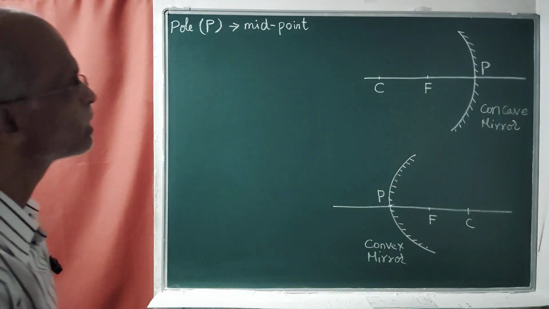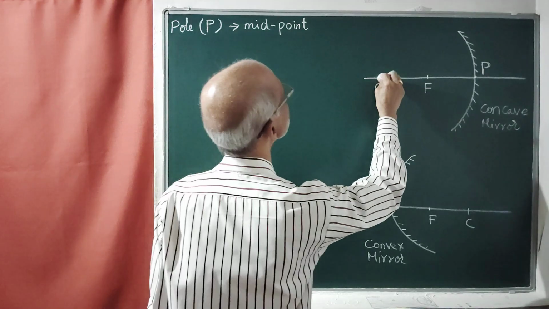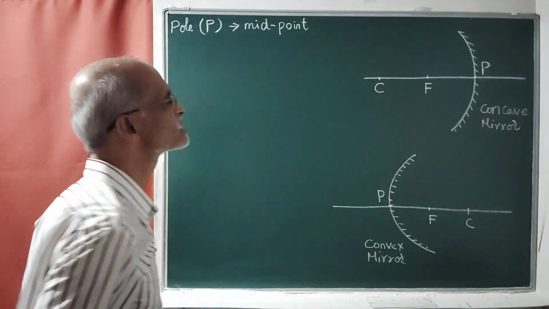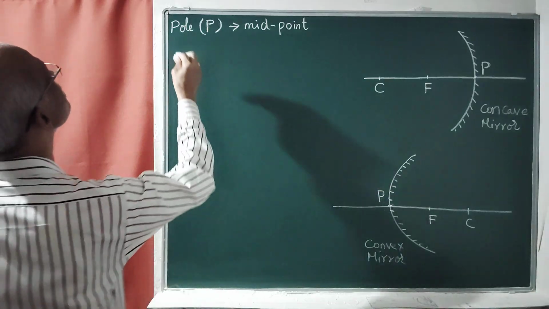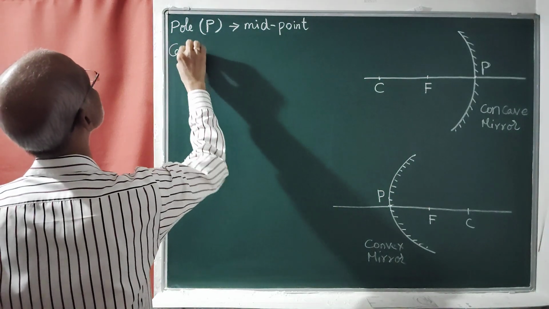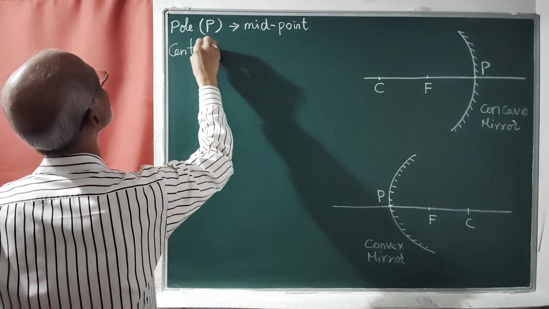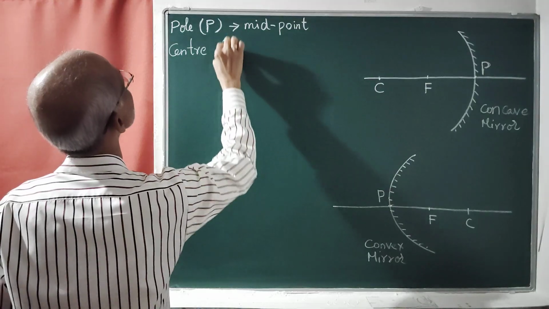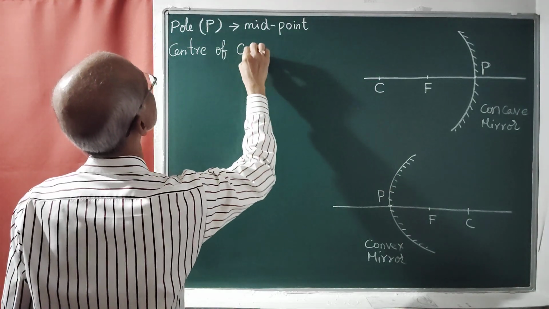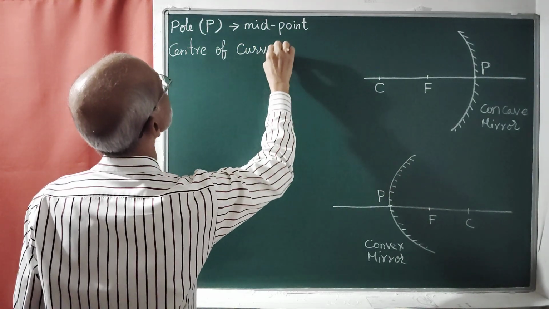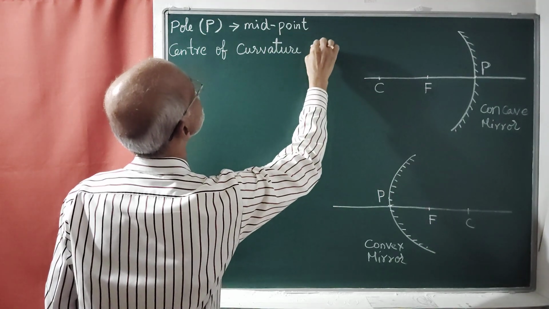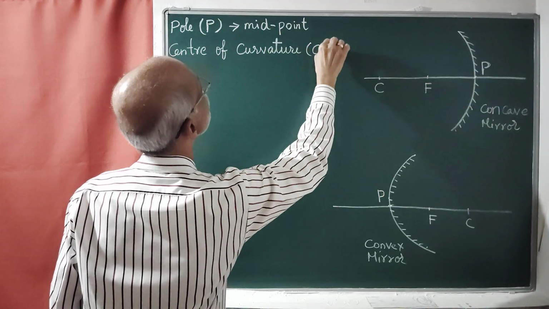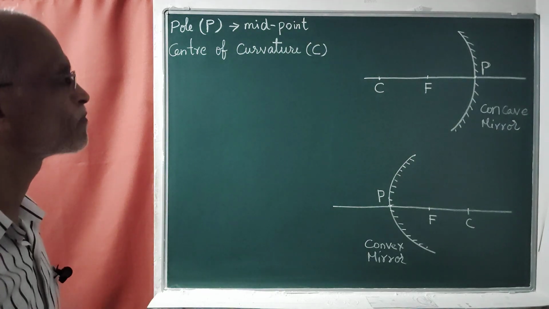Now, what is the C? C is the center of curvature, represented by C. What is center of curvature?